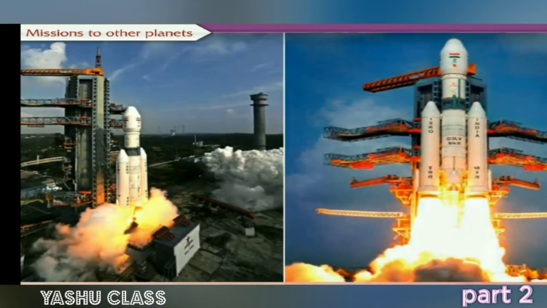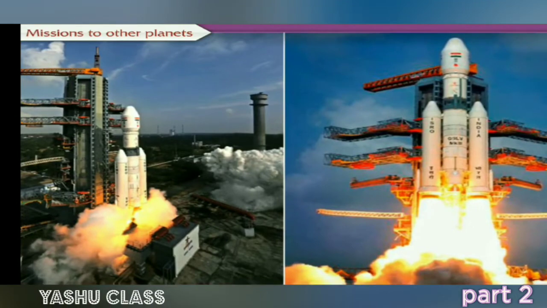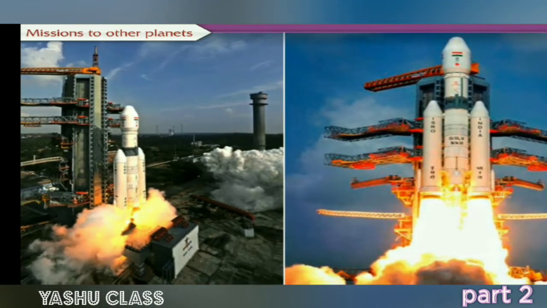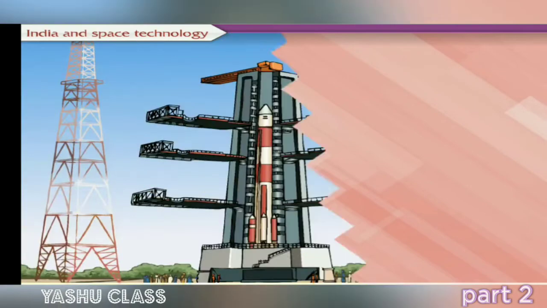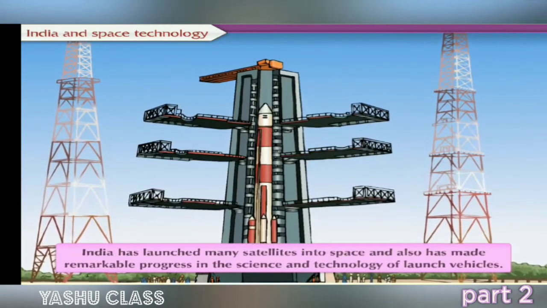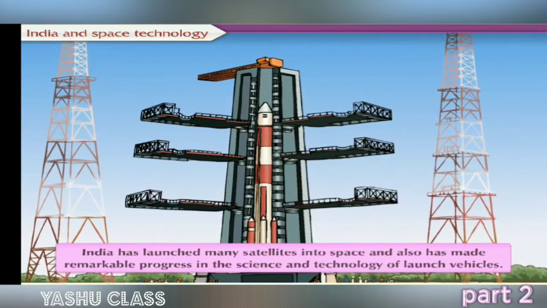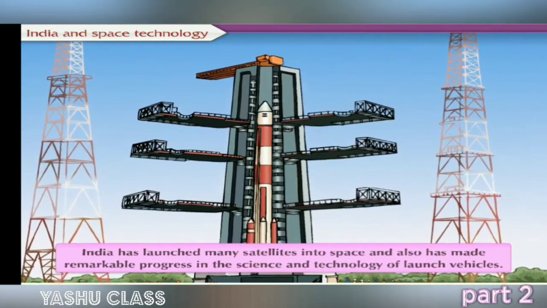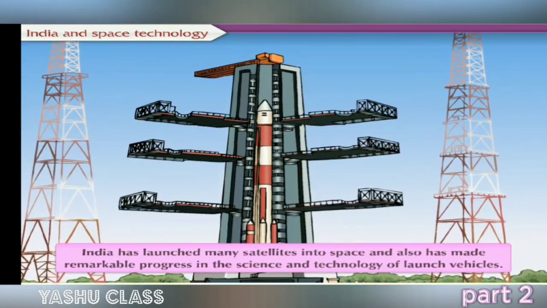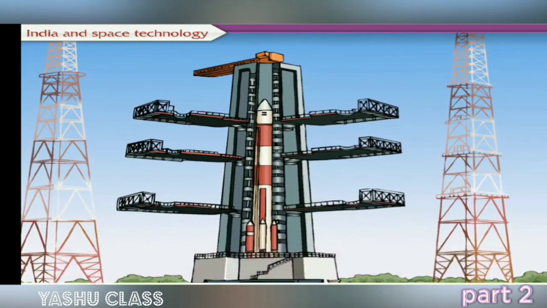Come, let us now study how India has made progress in space technology. India and space technology. India has launched many satellites into space and also has made remarkable progress in the science and technology of launch vehicles.